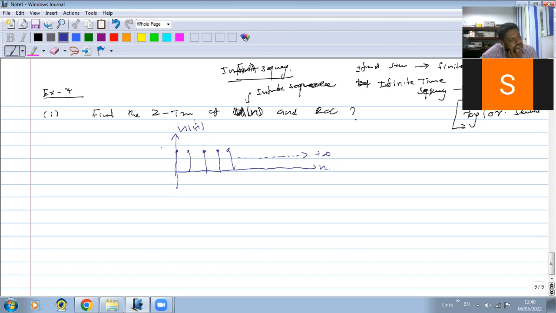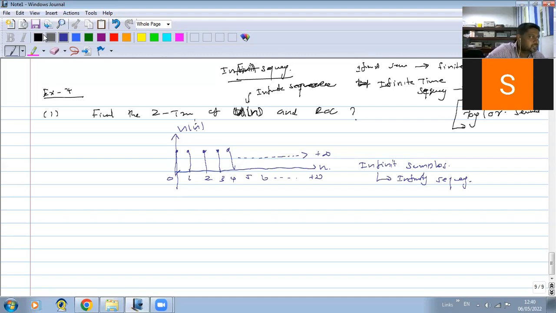So this is our discrete unit step function, and this is our zeroth sample, 1, 2, 3, 4, 5, 6, and so on. So we have infinite samples. This is an infinite sequence because we have infinite samples.